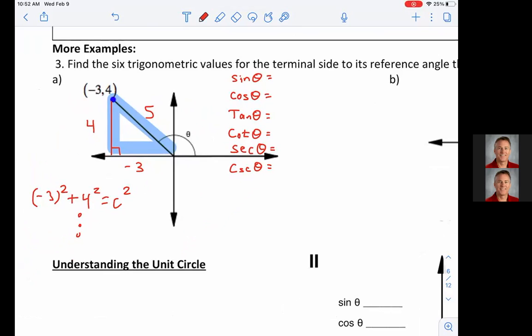But because we know the three sides of the triangle, we're just going back to our old SOHCAHTOA days and just writing down those proportions.